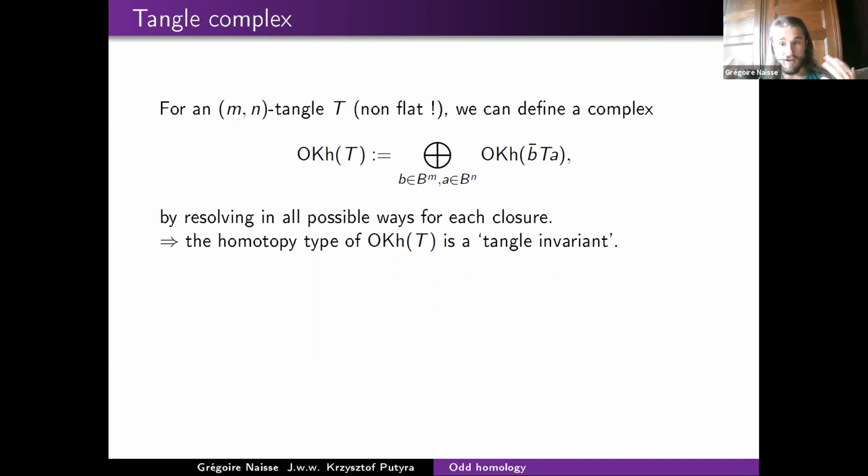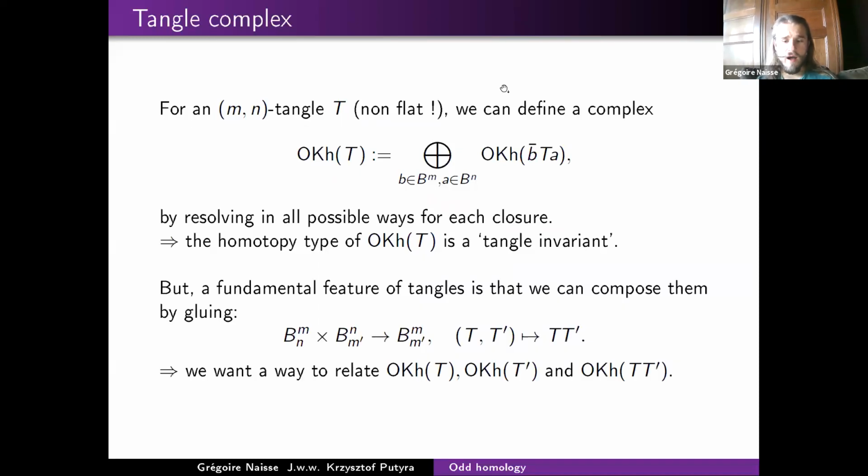And of course, by construction, this will be a tangle invariant, because it is invariant under the Reidemeister move by the result of Khovanov or Ozsváth, Rasmussen and Szabó. But one fundamental feature of tangles is that you can compose them.